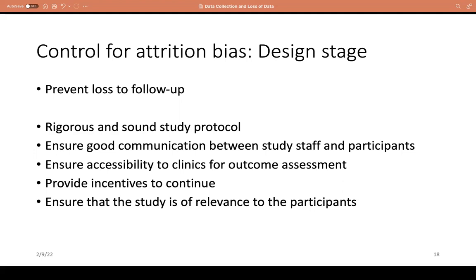So you need to consider all these things. Often, for studies that really require people to be on board, you will provide incentives to continue in the study, typically financial incentives. But you also want to ensure that the study is relevant to the people participating in it, so that they see some intrinsic value in participating.